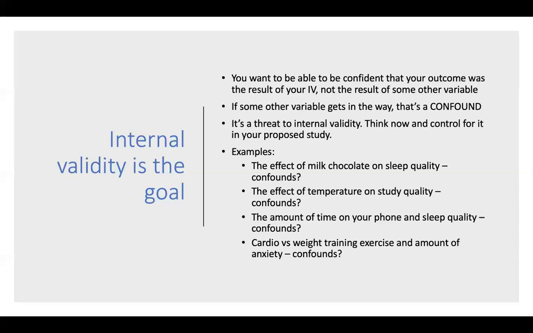One way, and this is important to recognize, one way to control for all those many other variables that might affect sleep is through random assignment and having enough people in your study. And so if you pick 4 people in 2 groups, one group doesn't get milk chocolate and the other group does, and you only have 4 people, if one of those people always has really great sleep no matter what, they're going to skew your results.